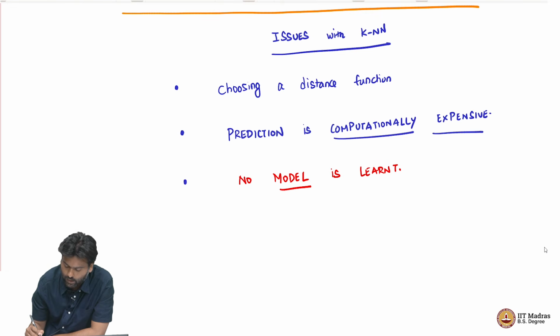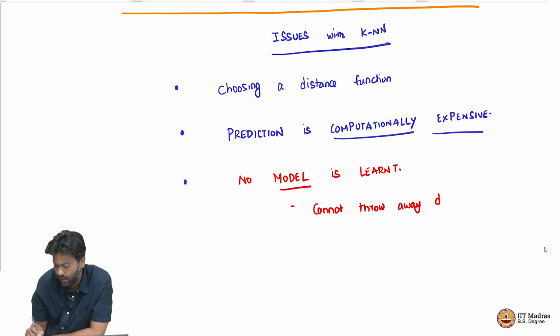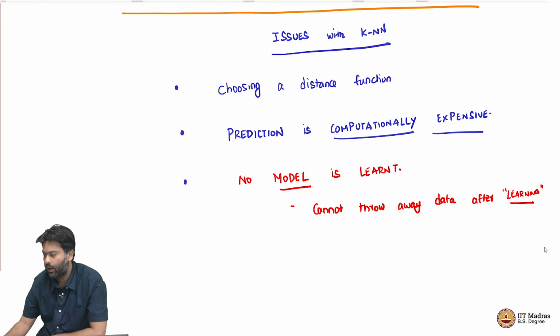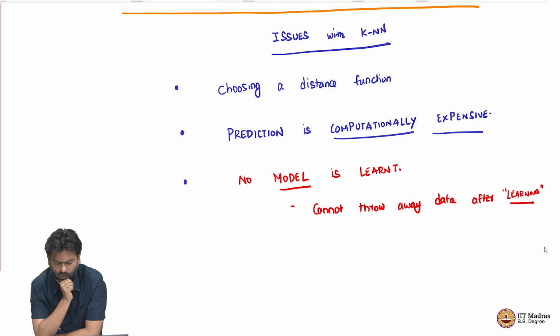So in other words, we cannot throw away the data after "learning". I'm putting learning in quotes because there is nothing that we are really learning at all in k nearest neighbors, right? So this is the major problem of k nearest neighbors.